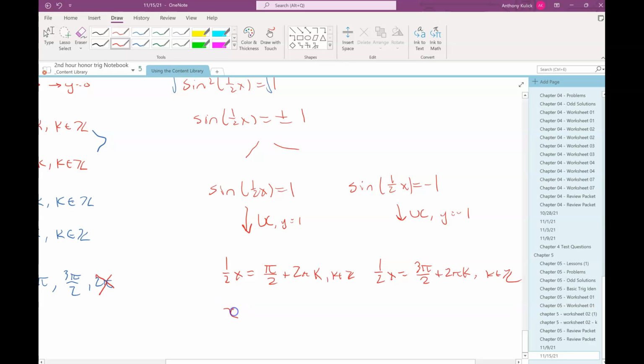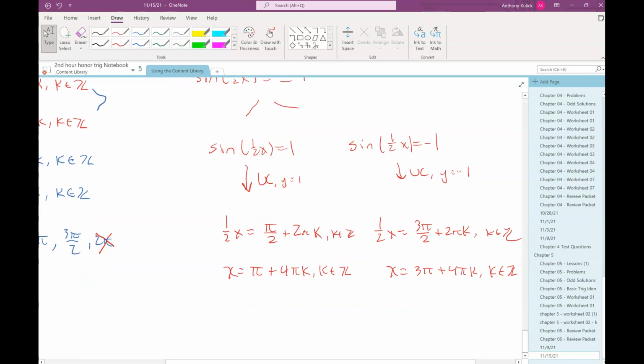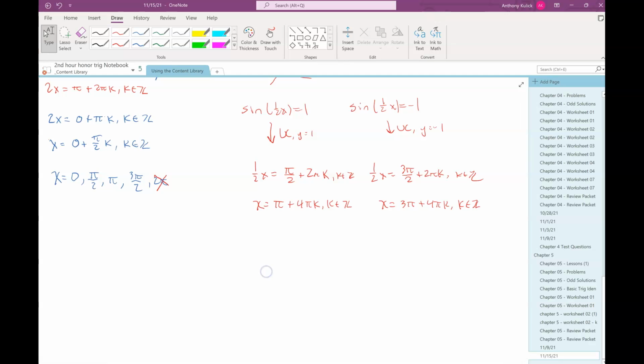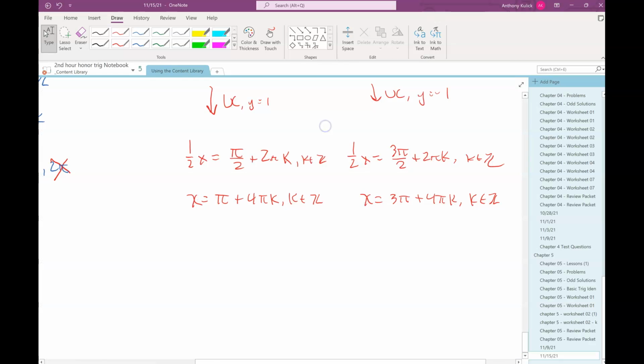Multiply both sides by 2. And actually, from right here, I can tell that, well, we'll write it out anyways.